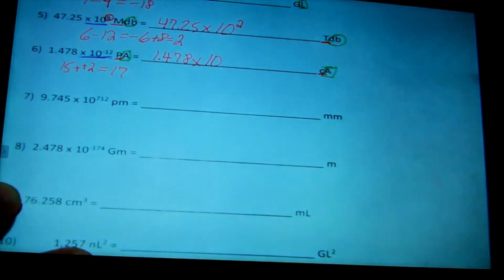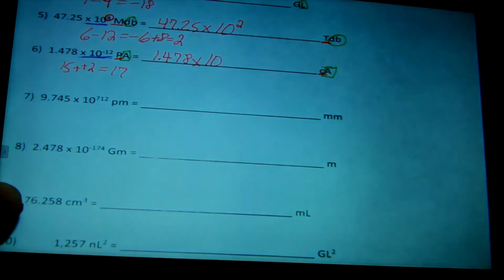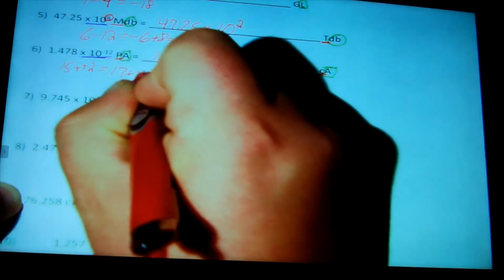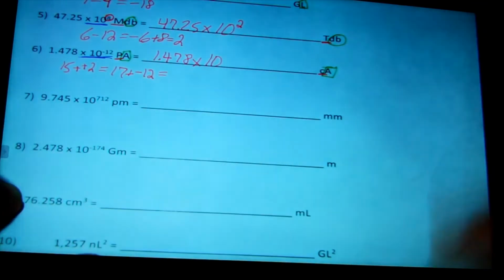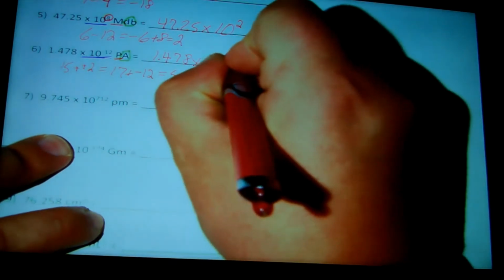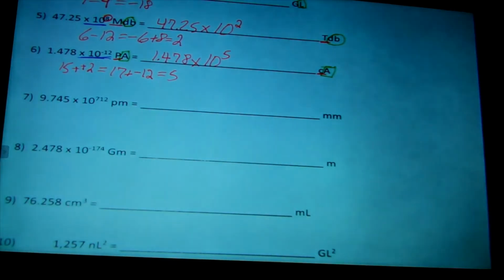There is no exponent on my units, so I don't multiply. I did start with an exponential value, however. So plus negative 12. So it's the same as 17 minus 12, which will give me a positive 5. So on number 6, you should get 1.478 times 10 to the 5th centiamps.